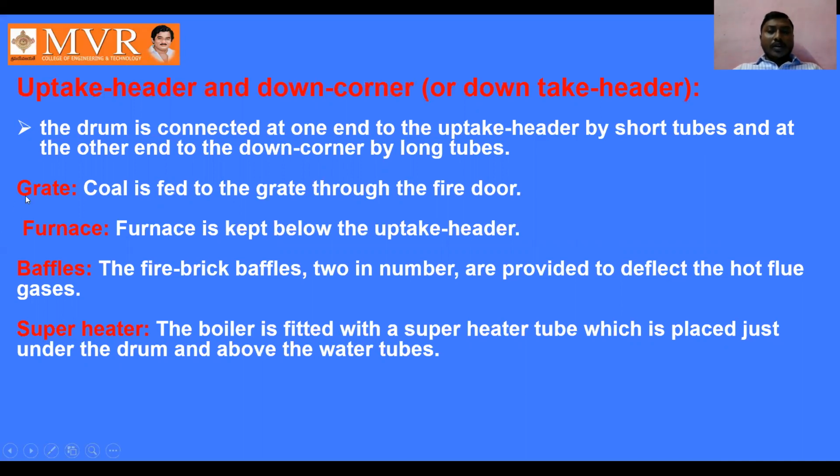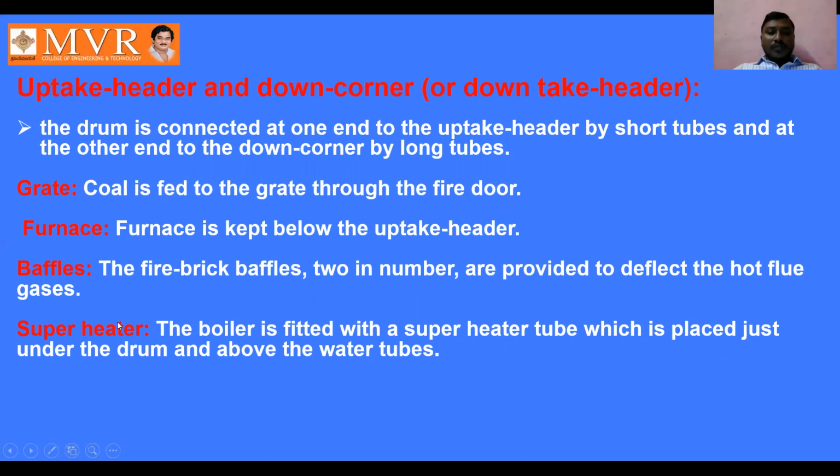And coming to the grate, on the grate the coal is fed from the fire door, which is used for the combustion process. The fire is kept below the uptake header, which we can observe in the diagram, and baffles are used to deflect the hot gases onto these water flow pipes.